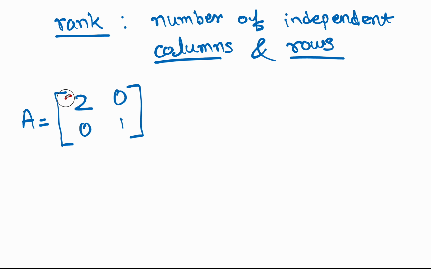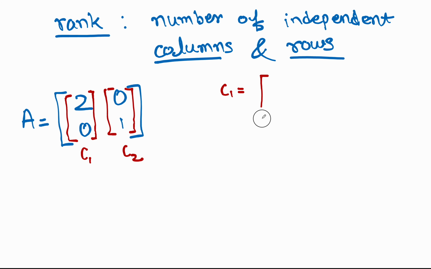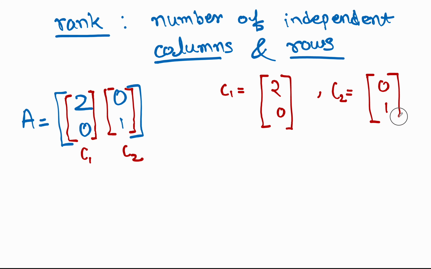This is column 1, and this is the second column. If we write column 1 separately, 2 0, and the second column, 0 1, I will draw a picture for this.